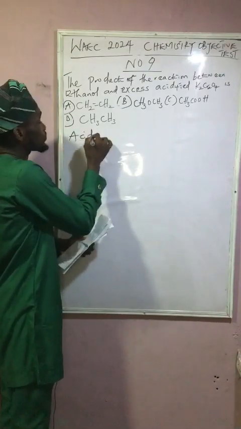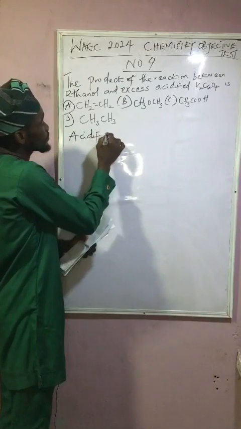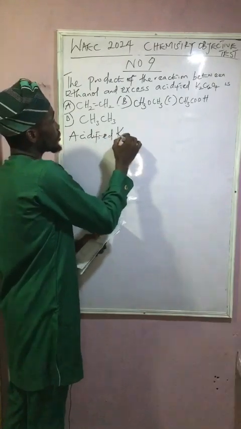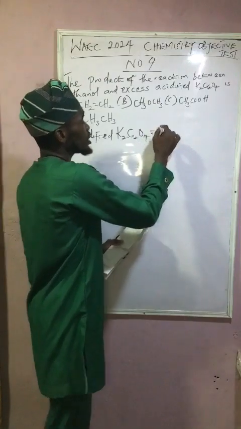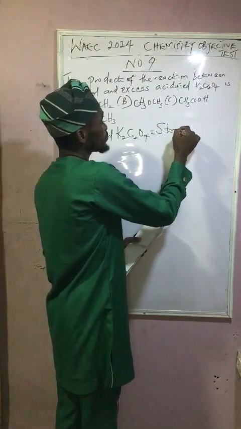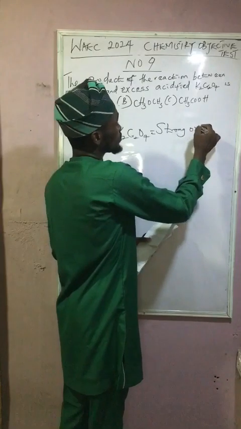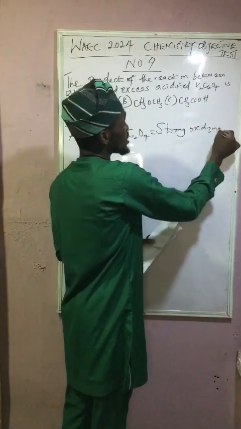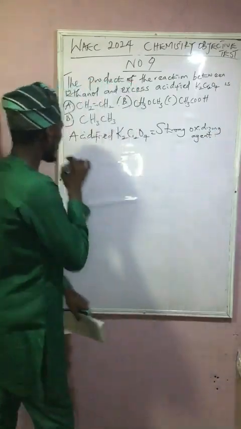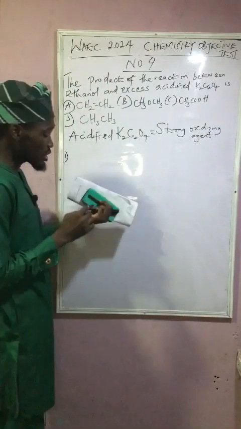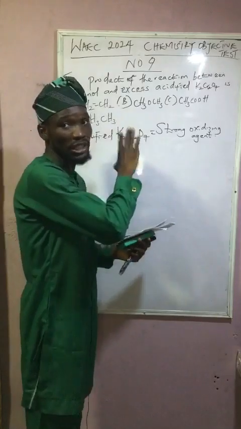Don't forget I said acidified K2Cr2O7. This is what? A strong oxidizing agent. Then there are two steps that are involved in this.